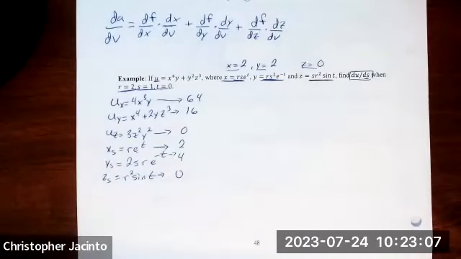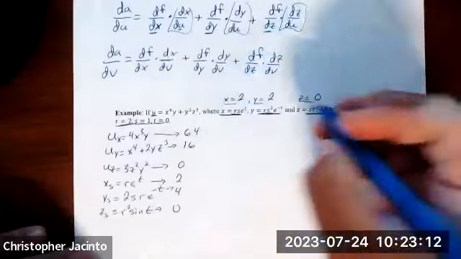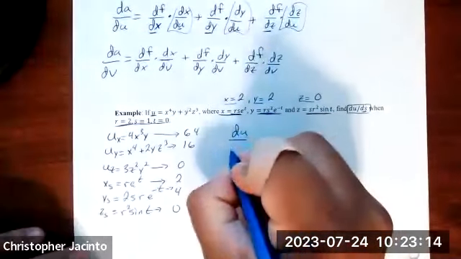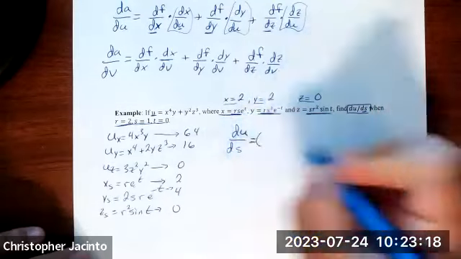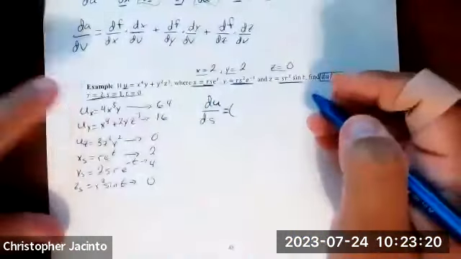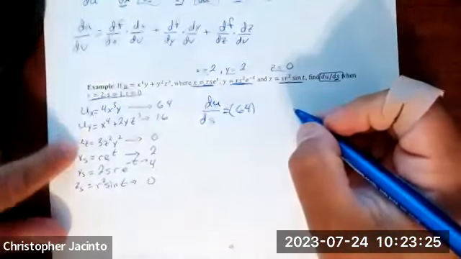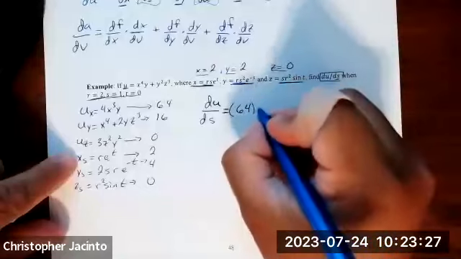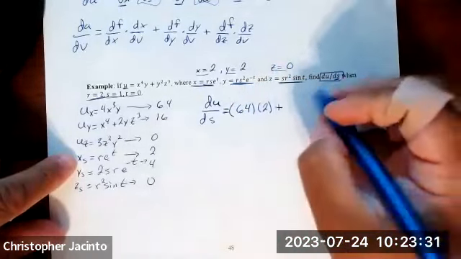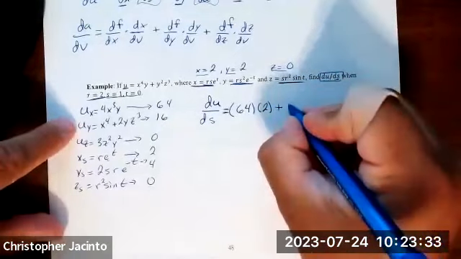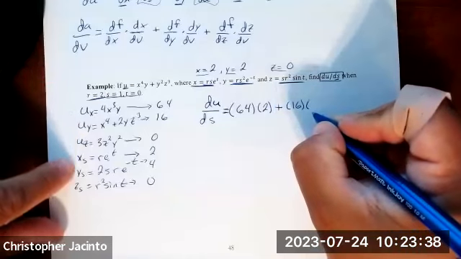Okay, now let's follow this template. So du ds. First, it's going to be this number times this one, plus this one times this one.